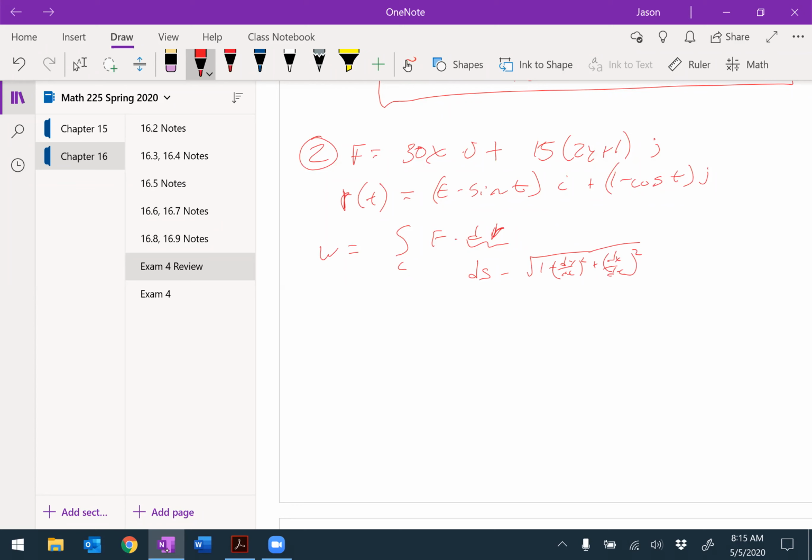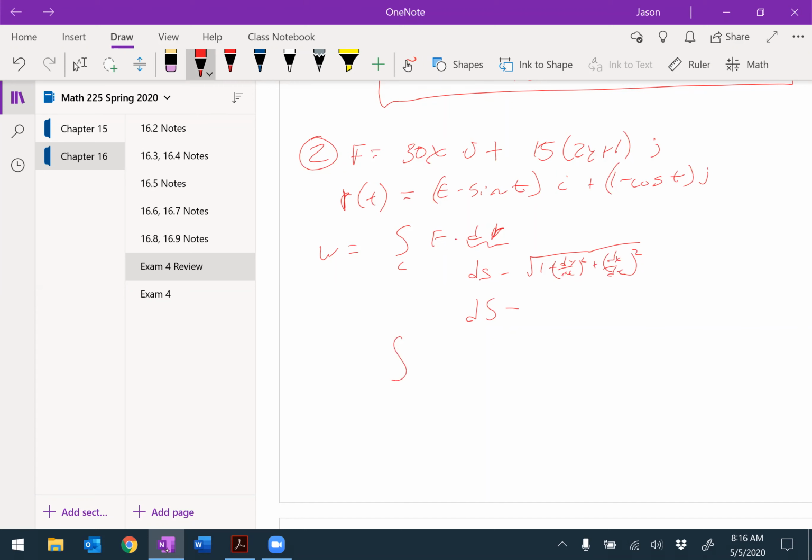Now, keep in mind there is a difference between the little s and the big S. The big S is a surface integral. I know it gets a little confusing between the small s and the big S, but just keep that in mind. In this case, we're using F dot dr, so we're just going to parameterize and then take the integral.